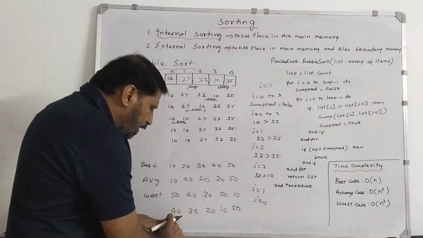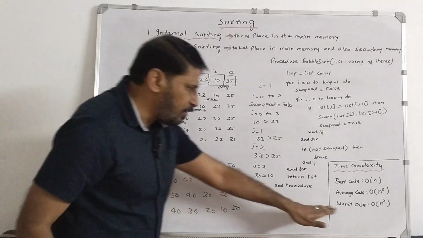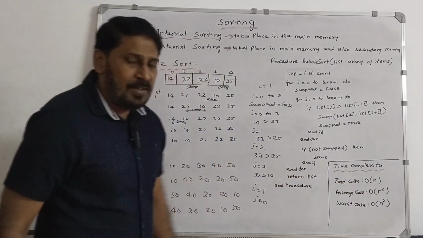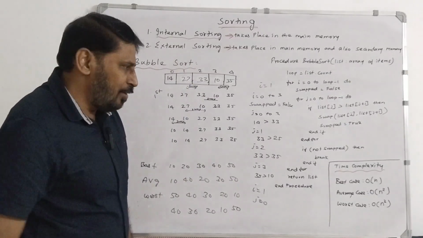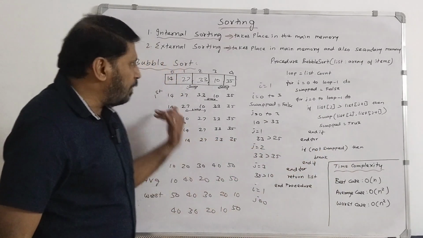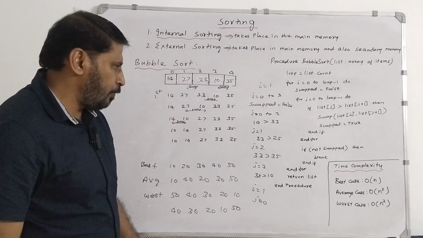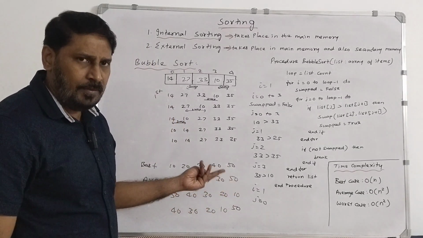Okay. So once again 40, 30, yes, we swap. So that's why in the worst case, the time complexity is order of n square. So this is the time complexity as far as bubble sort is concerned. I hope you understand the logic.